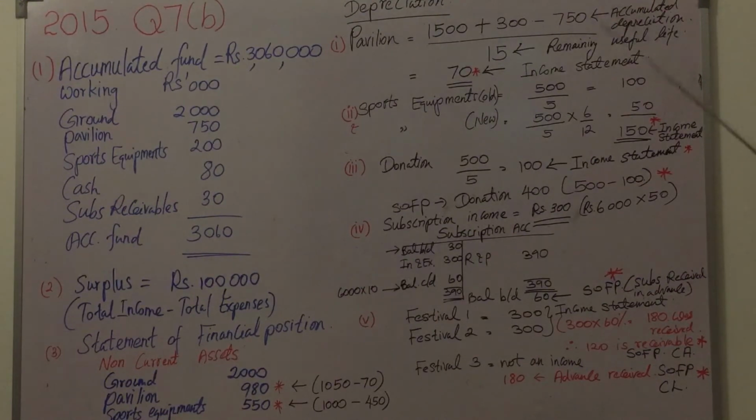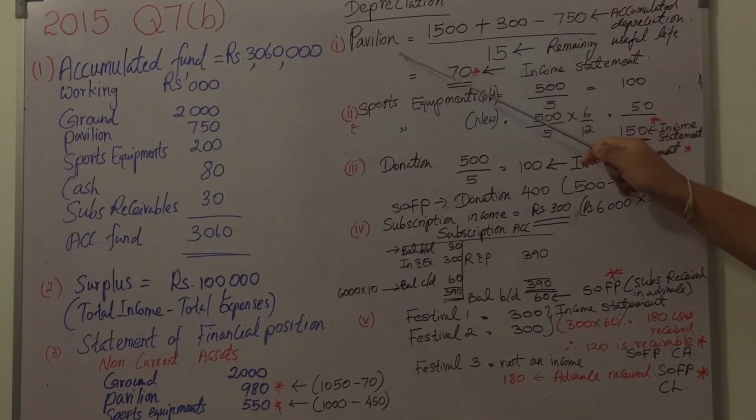You should remember we learned this for LKAS 16. When the remaining useful life of an asset changes, you need to deduct the accumulated depreciation from the total cost. Then that has to be divided by the remaining useful life to calculate the depreciation for the year.